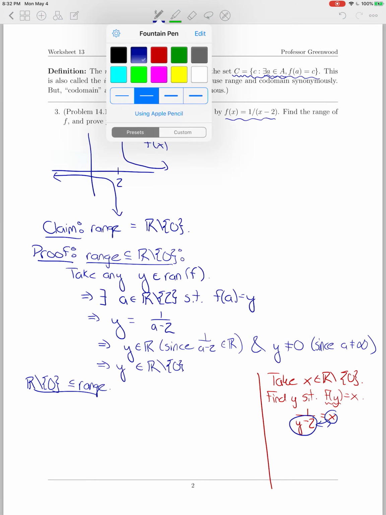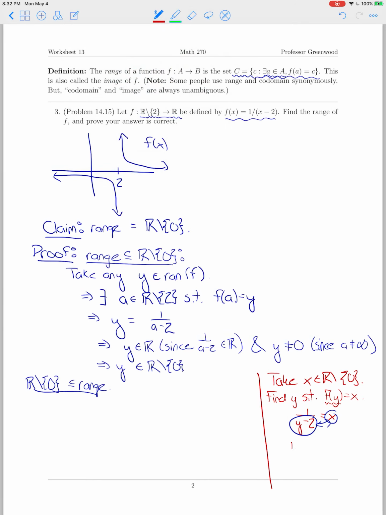If I swap them, then I get that 1 over x is equal to y minus 2, or in other words, that y is equal to 2 plus 1 over x. This will be useful in my proof because now if I have any value of x in R minus 0, then I can tell you what to plug in, in terms of x, in order to get x back. Let's see what that would look like in terms of the formal proof then.